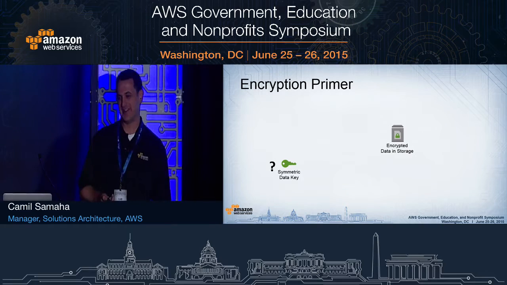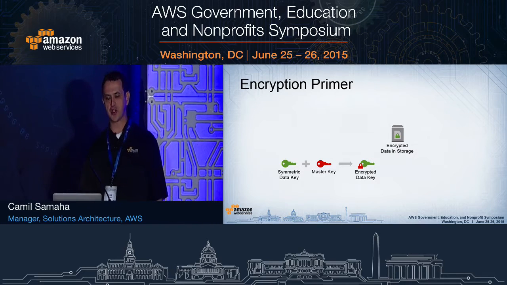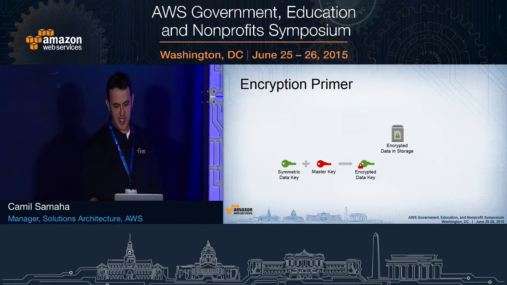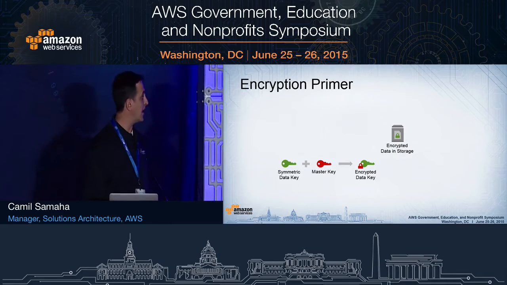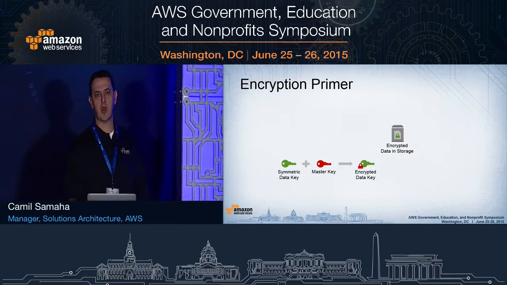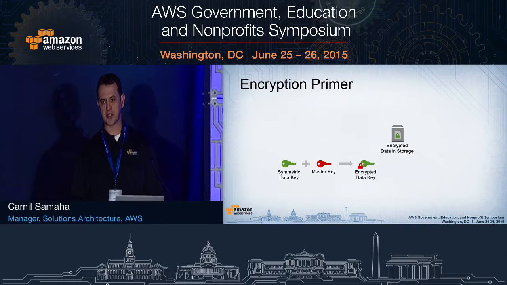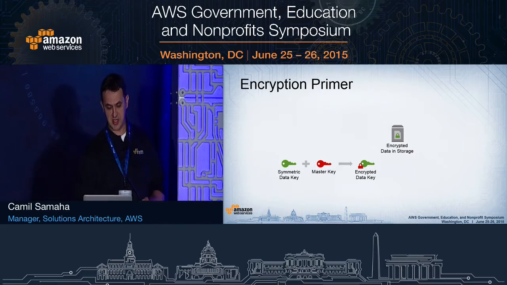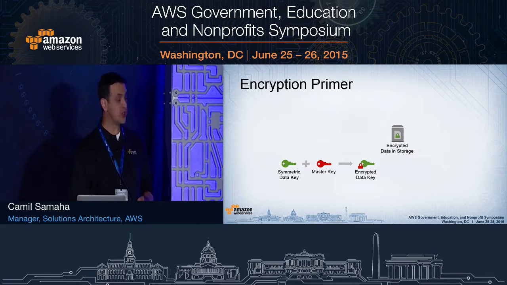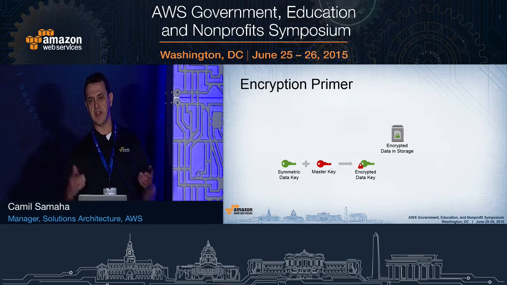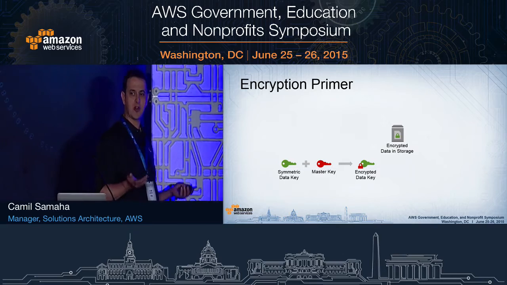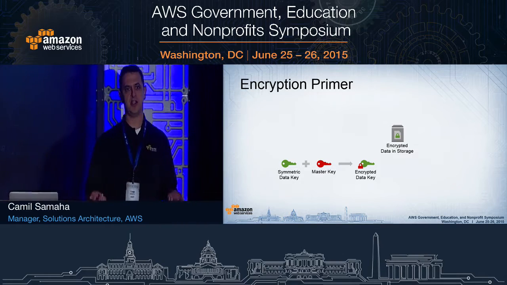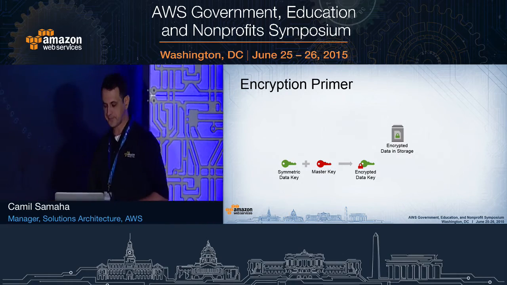A best practice is to actually take that unencrypted key and encrypt it itself using what we often refer to as a master key or a key encryption key. So once you have that encrypted key, then it is perfectly safe to put that encrypted key with your encrypted data in your durable storage.